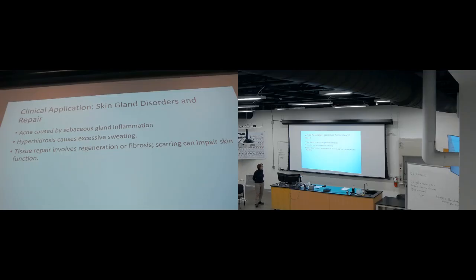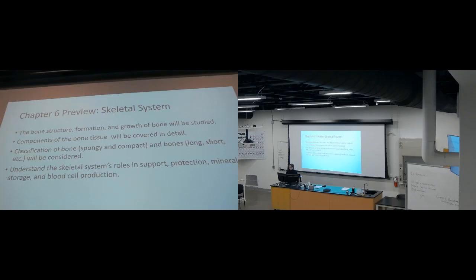That's normal for some people, but of course we know that it's not normal. Then tissue repair involves either regeneration, where you have a wound with replacement of cells with the same cells, or fibrosis, in which case you can have a scar. Some people have a tendency to have more scarring than others. That's genetics in their skin.